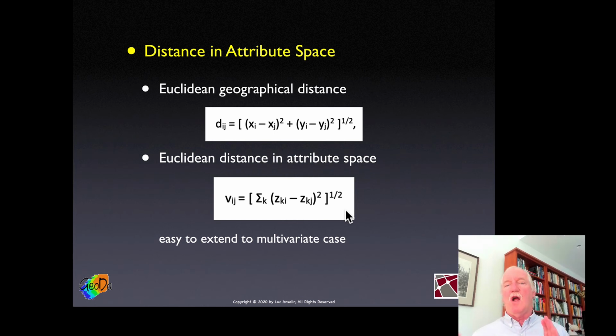If you recall our 3D data cube, we had those points floating in three-dimensional space. We could construct a measure of distance between those points in multi-attribute space. That's exactly what this is. So the idea then of this distance scatter plot is to plot the distance in attribute space against the distance in geographical space.